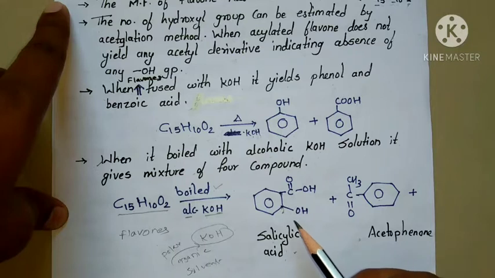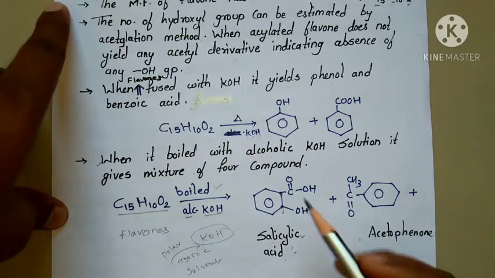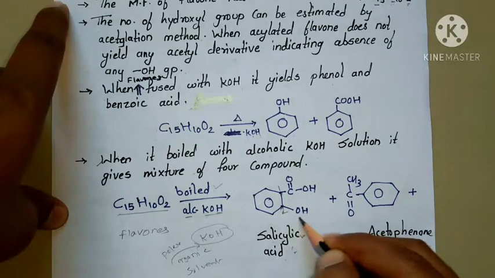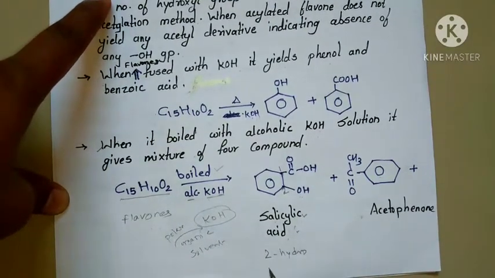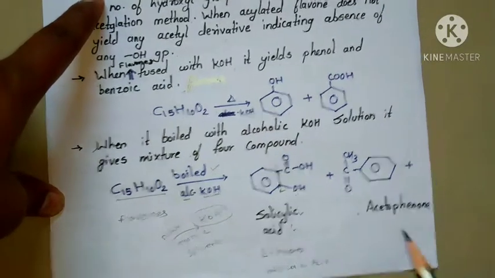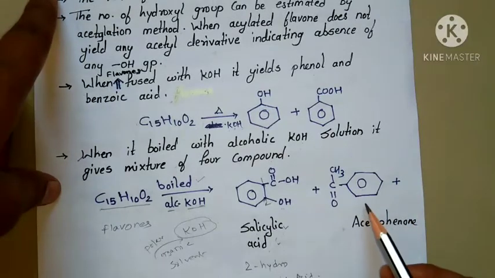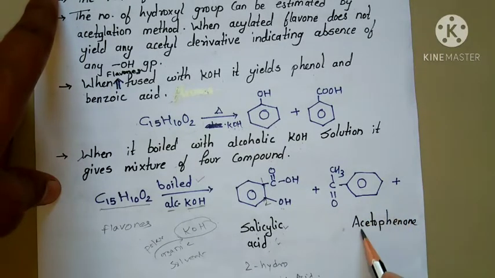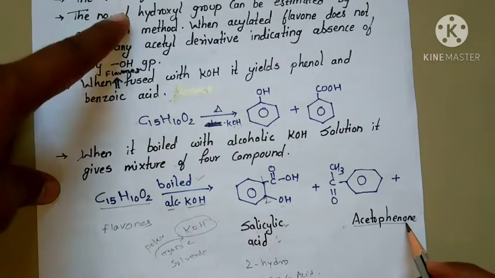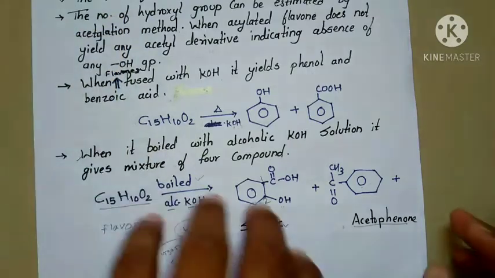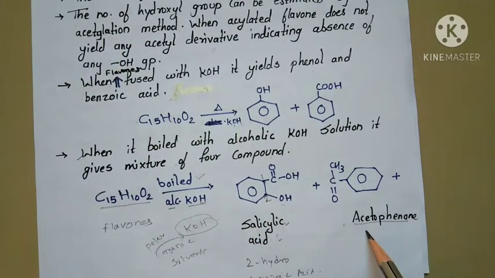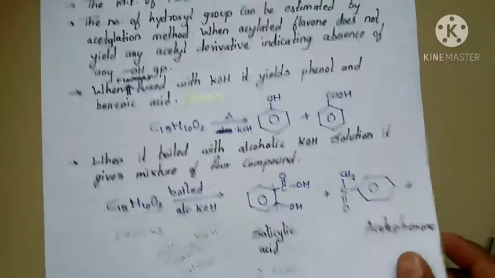What is the IUPAC name of salicylic acid? 2-hydroxybenzoic acid. Okay, then your next compound is acetophenone. What is the acetophenone structure? A benzene ring attached to C double bond O CH3, so that is the second compound.